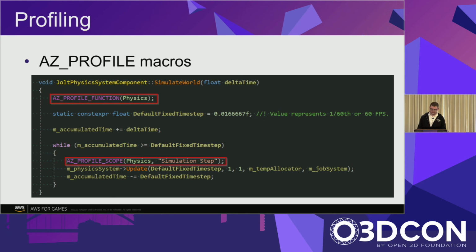AZ profile function will measure the execution scope of this specific function, and will use the function name from the preprocessor. AZ profile scope is for measuring local scopes, which could be scopes within your function body, or loop iterations, for example, like here. We need to provide a name for the scope in that case.